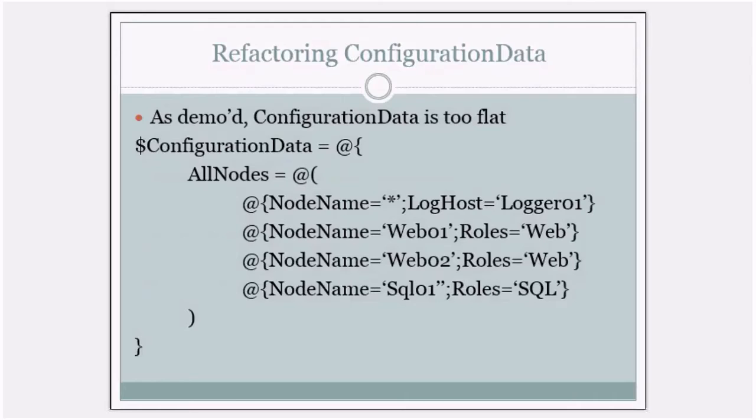It doesn't work so great when you start wanting to pass in a whole lot more information into your configurations. When you start wanting to pass in things like websites that a service should be running, which database hosts are supposed to be talking to, which logging servers they're supposed to go to, what power plans should be used, what their page file sizes should be, what their execution policy should be.